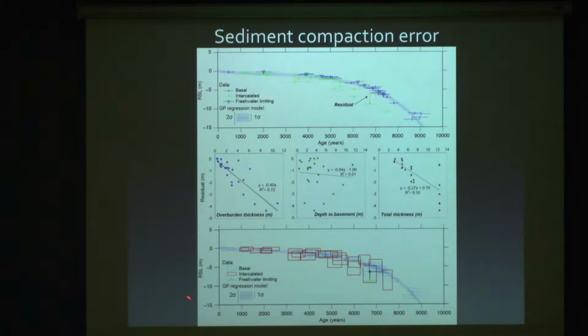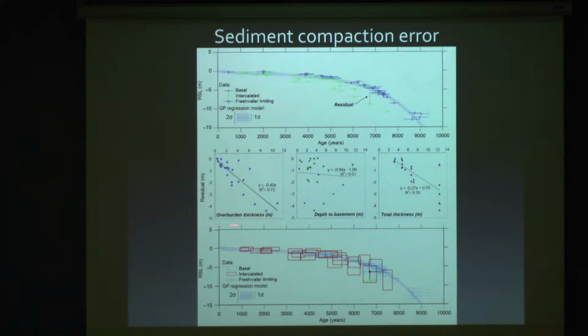Here I'm showing an example from Jamaica where we have a good temporal distribution of basal and intercalated index points. We fit a regression model to the basal index points, and we look at residuals between this model and the intercalated index points. Then we can plot these residuals against the measurements that I mentioned on the previous slide, and do a linear regression to look at the relationship between these two variables.